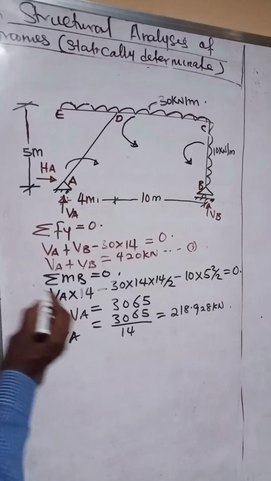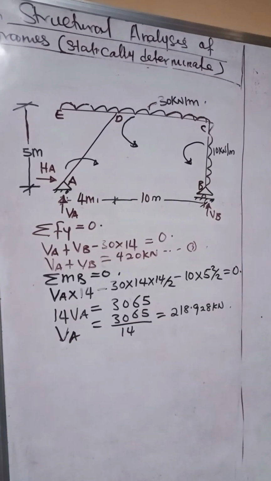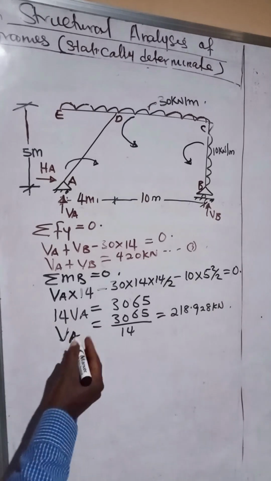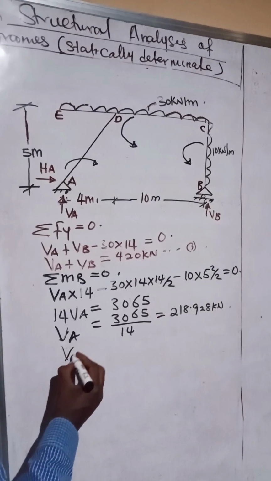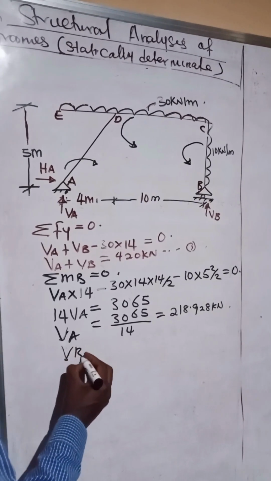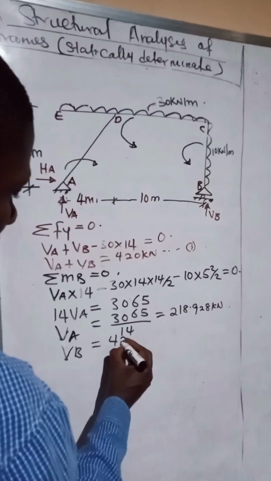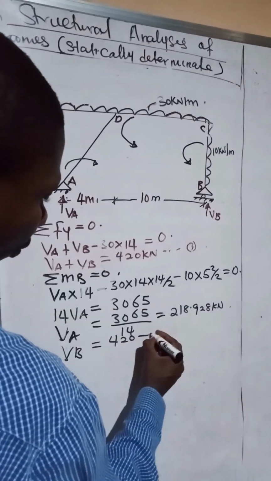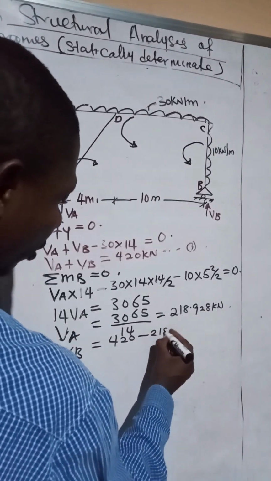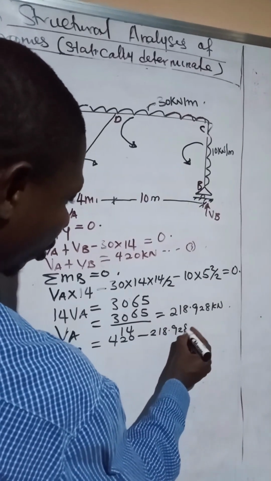Now, having gotten VA, what we need to do is to obtain our VB. Okay, so we know that our VB from equation 1, VB will be 420 minus 218.928.